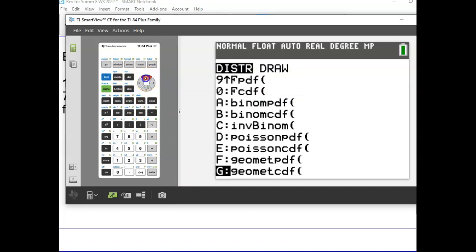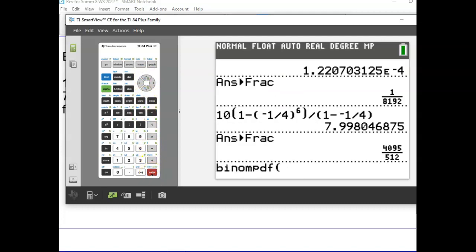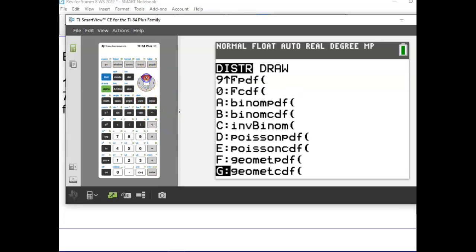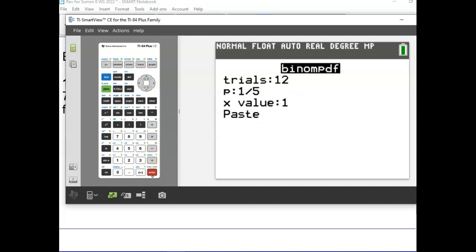It's not normal, it's the binom PDF, so it's down at A. Now, I don't know why mine sometimes does this and sometimes gives you the menu. Did yours give you the menu? I don't know why sometimes it doesn't. There, now I have the menu.